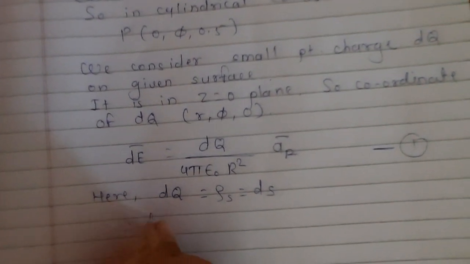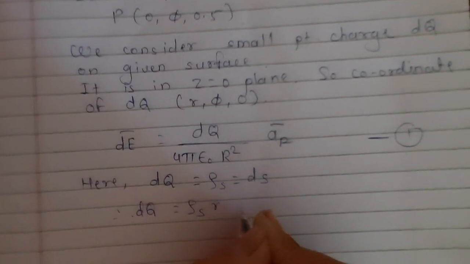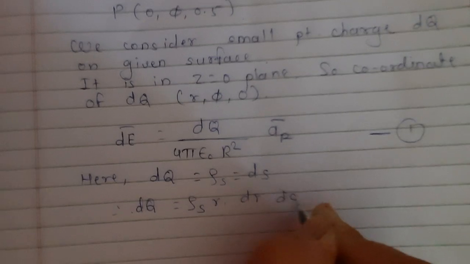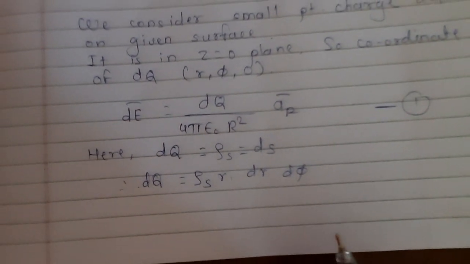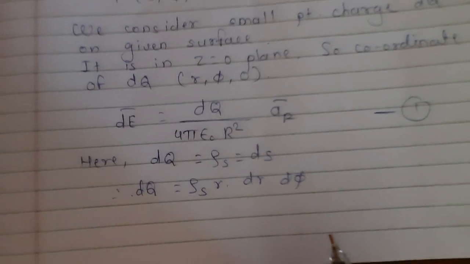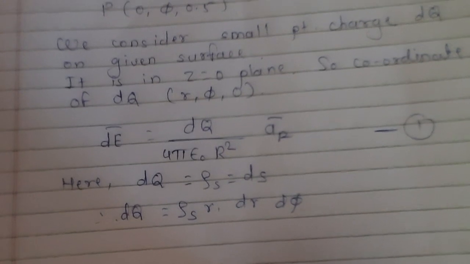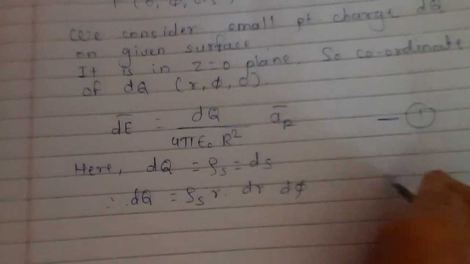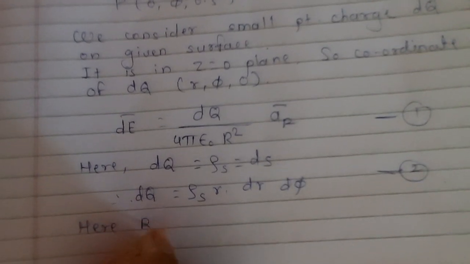Therefore dq is equal to rho s r dr d phi. This is from the cylindrical system. This is equation 2.